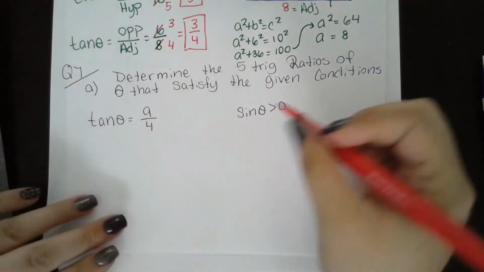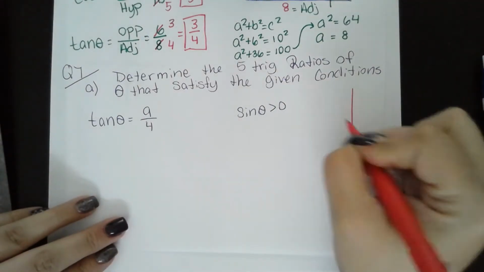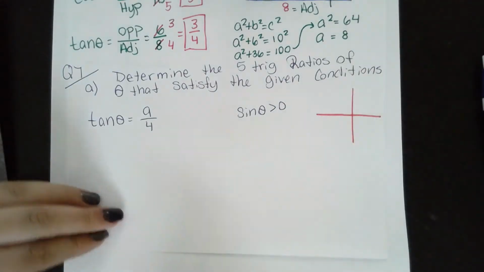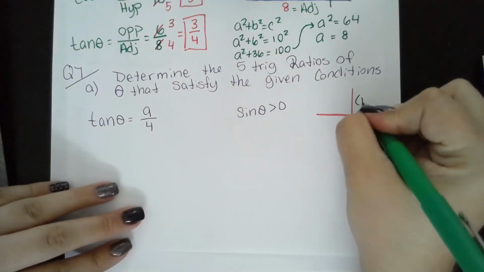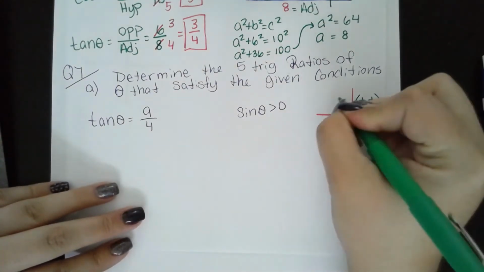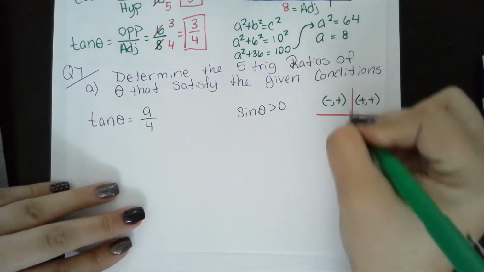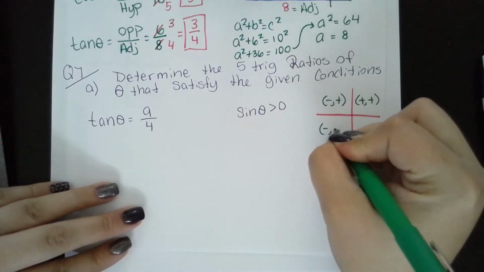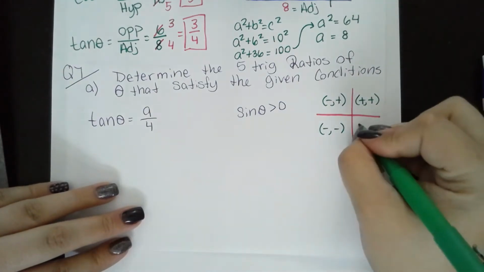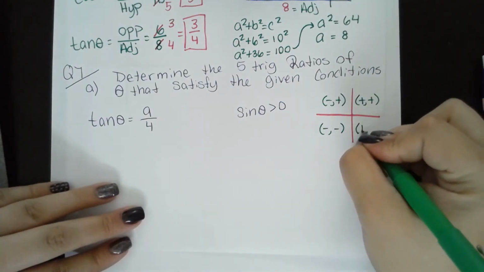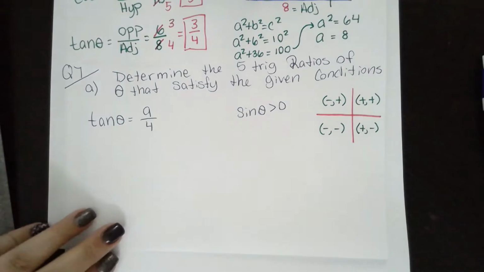So as a quick reminder, quadrants: both coordinates are positive in quadrant 1, x is negative in quadrant 2, both are negative in quadrant 3, and y is negative in quadrant 4.